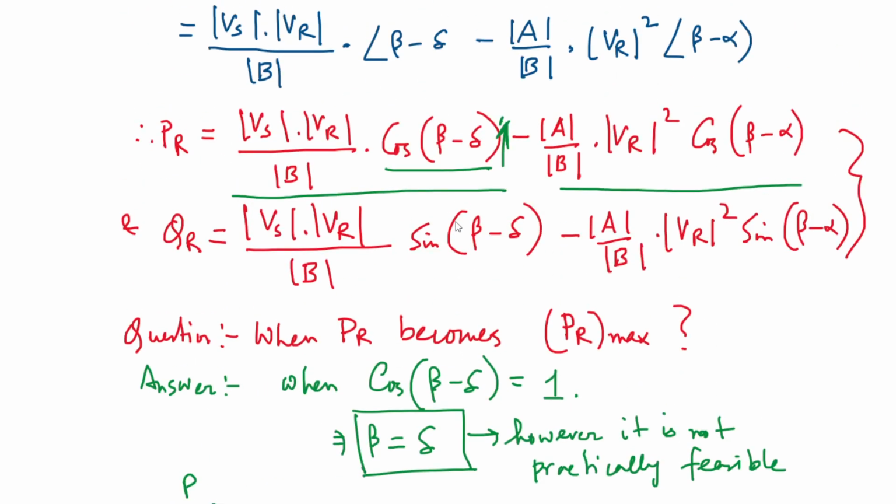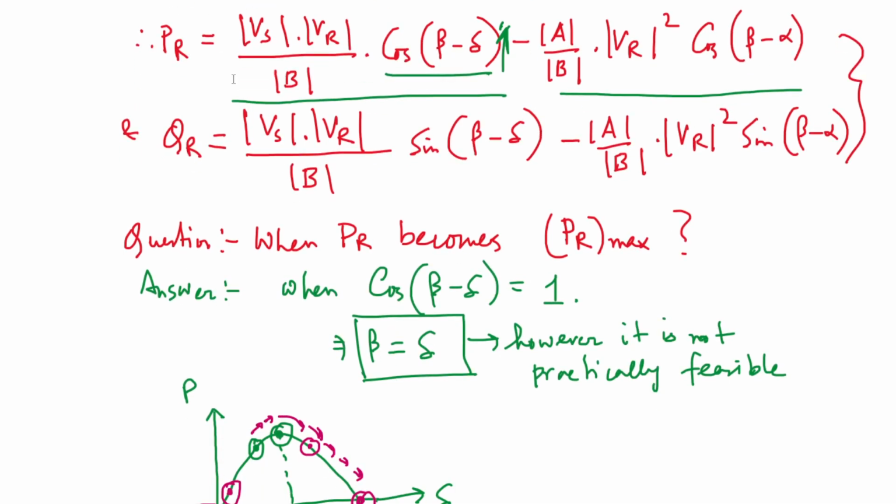So with this, you can see we have an active power equation and we have a reactive power equation. Under which condition power is transferred as well as reactive power is required at the receiving end, we shall see using a topic called the power circle diagram.